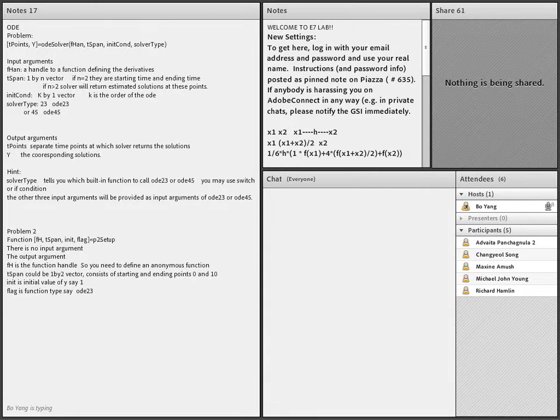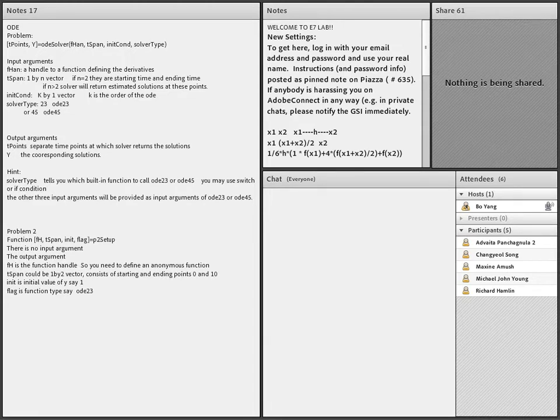The purpose of the function is to give a function handle, t-span, time span, and initial condition, and flag. Flag is the ODE type. So its name is P2 setup.